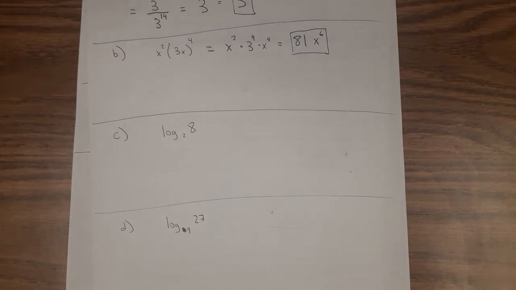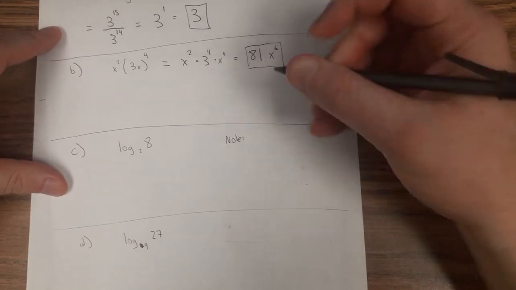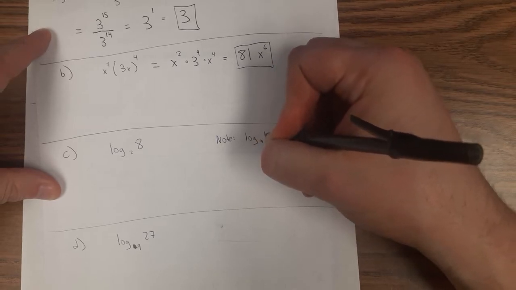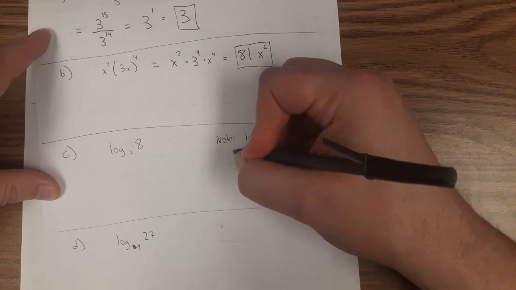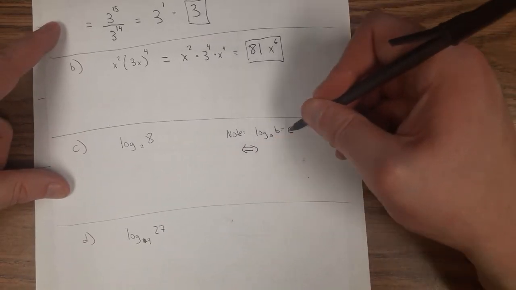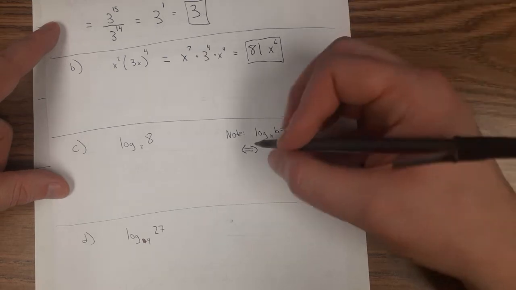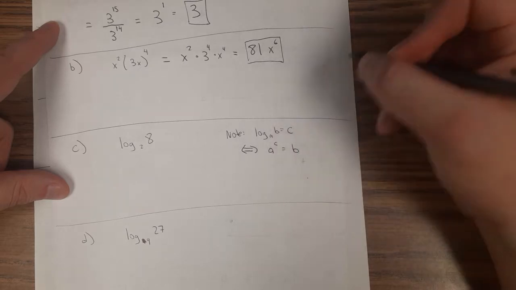Let's do log base 2 of 8. So we have a logarithmic statement like this, if and only if a to the c power equals b.